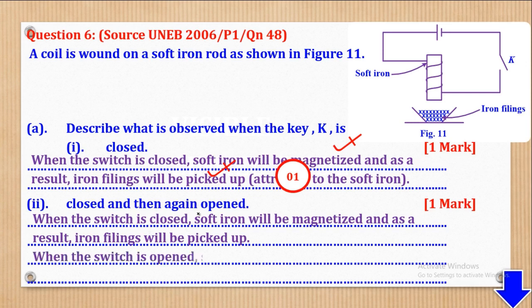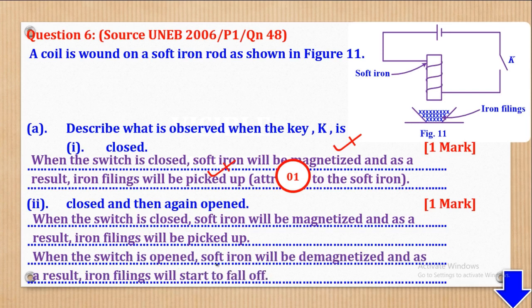But when it is opened, the soft iron will be demagnetized, and as a result iron filings will start to fall off. If you wrote that, you get half a mark for demagnetization and another half a mark for the iron filings starting to fall off. So that's how the 1 mark could come about.